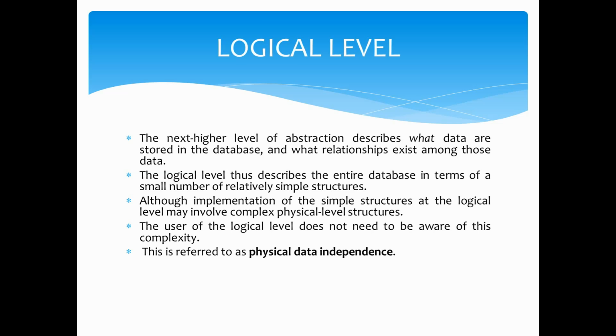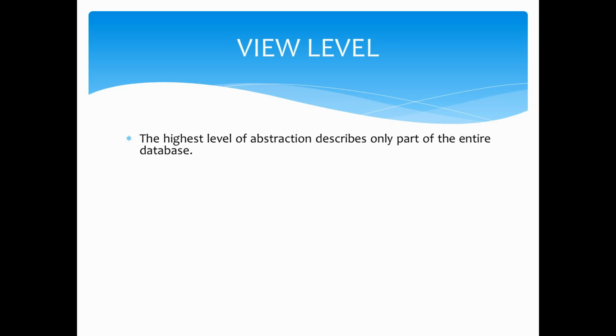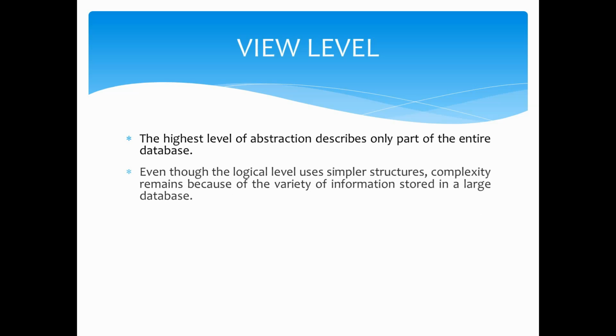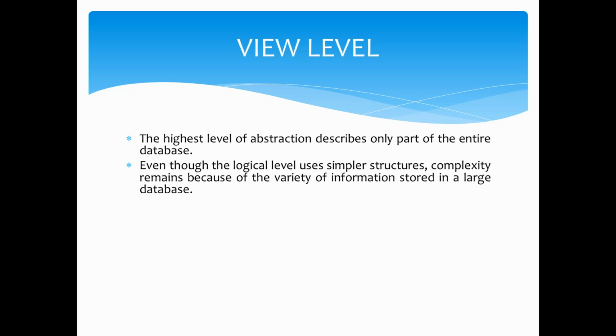Now we'll move on to the next level, that is the view level. This is the third highest level in the data abstraction. This helps the user to view only a part of the database, and the entire database is hidden from the user. Whatever the user needs, it alone will be given to the user.